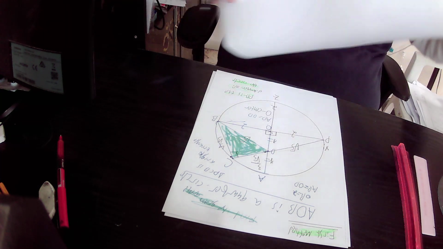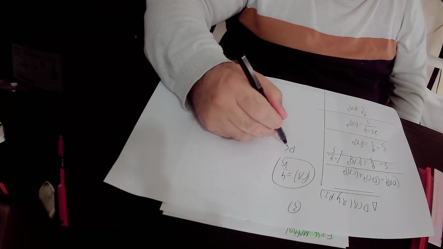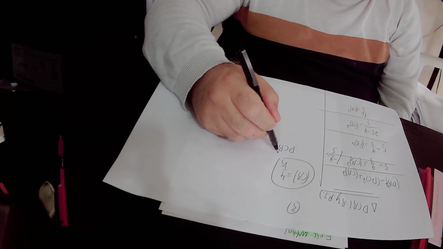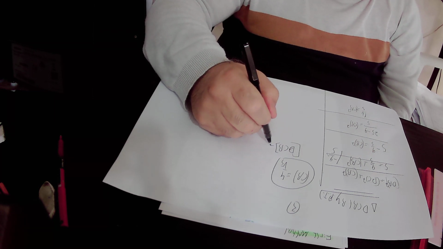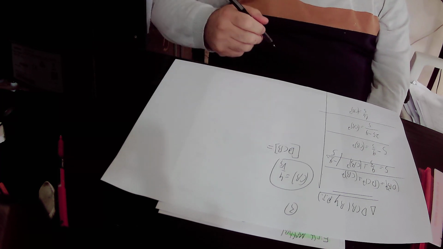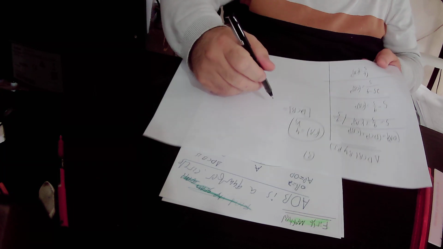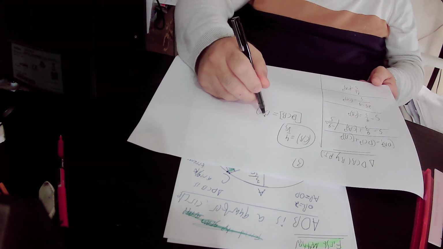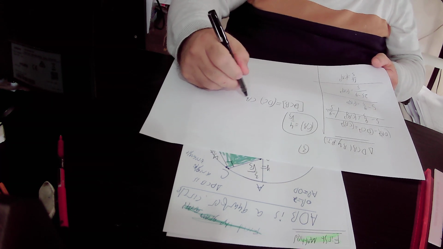So the area of the right blue triangle, triangle DCB, will be equal to the base of the triangle, that is DC, times the height to the base, that is CB, over 2.